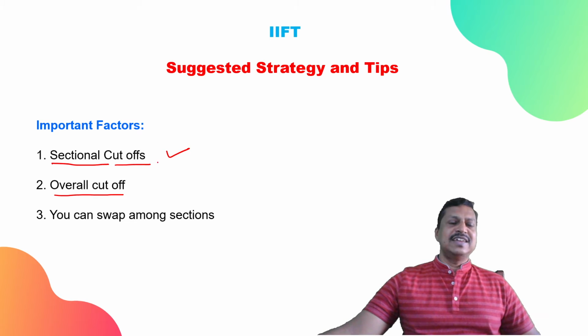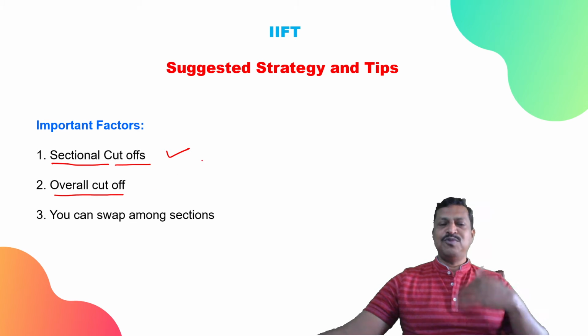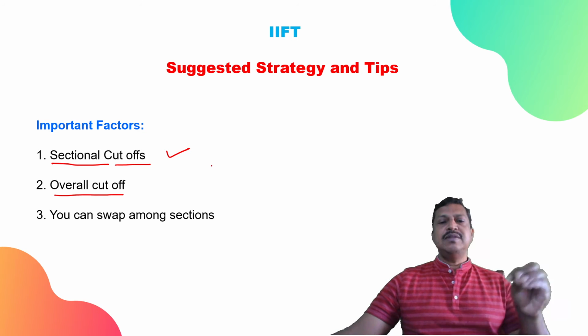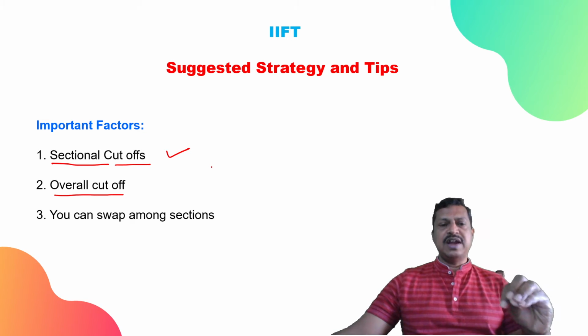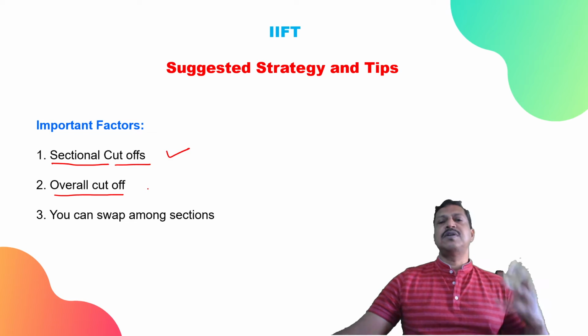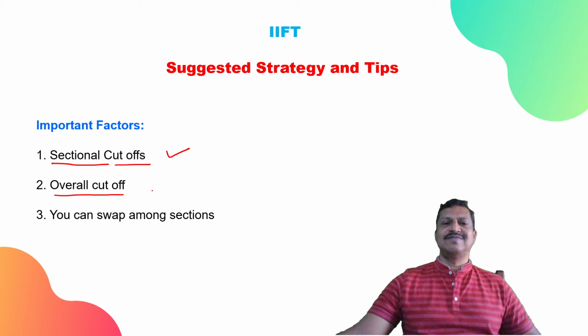So don't feel that, I have cleared the sectional cutoff, so my work is done. Nothing has happened yet, because the overall cutoff is also to be cleared. Because if you add up the sectional cutoffs, for example, it is coming out to be say 22. The overall cutoff is somewhere around 32. Right. So this is how the effect is.